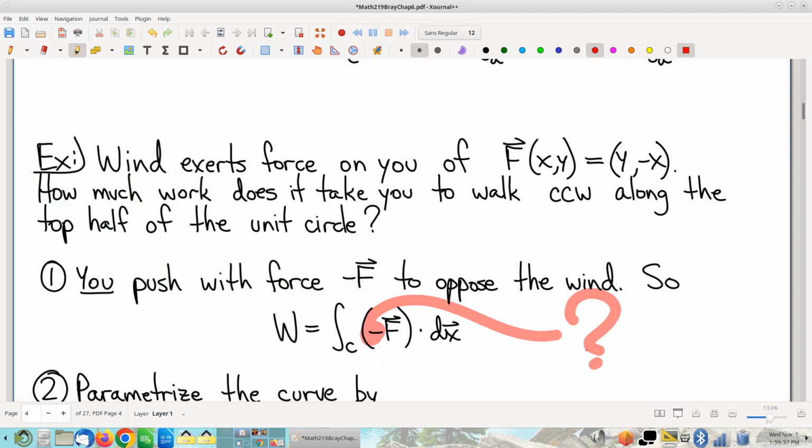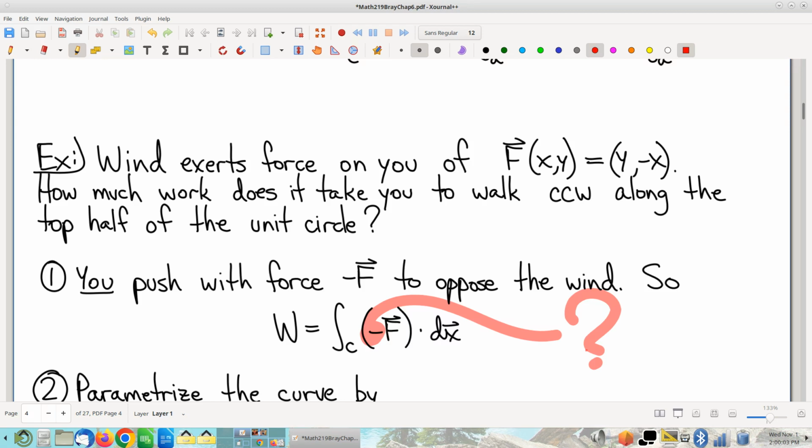Let me explain where that minus sign comes from. This is about equal and opposite forces. Old physics idea, but okay, here I hold up my pen. There are actually two forces acting on this pen. Gravity is pulling it down. I'm pushing it up. Likewise, in this question, there are actually two forces. There's the wind exerting a force on you, pushing you back.